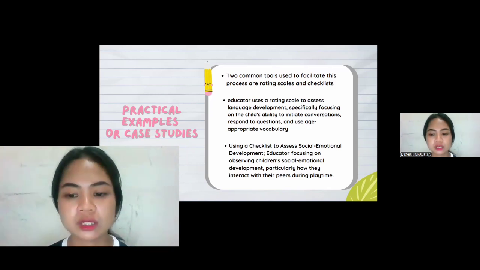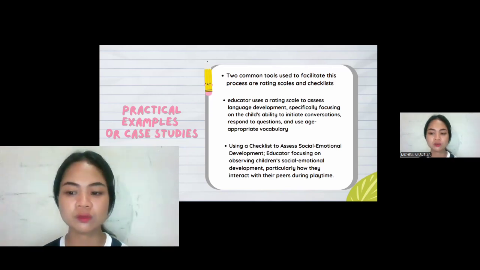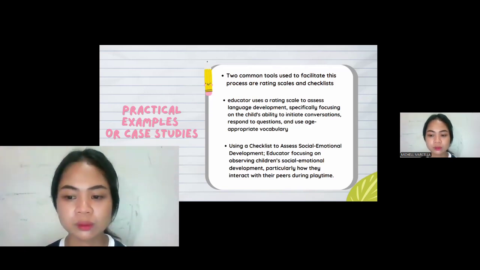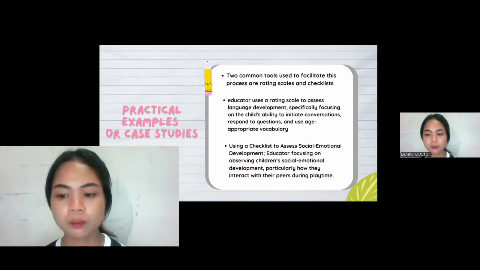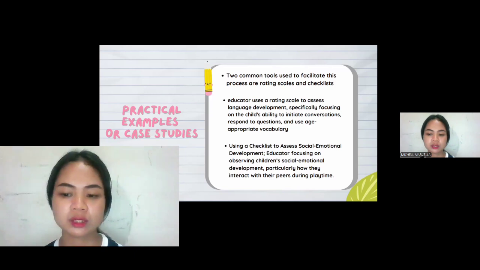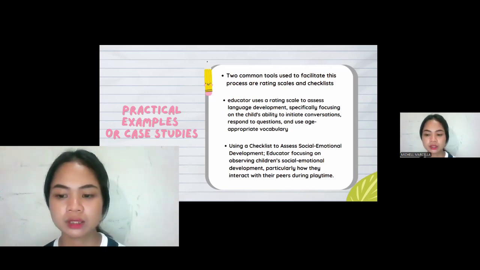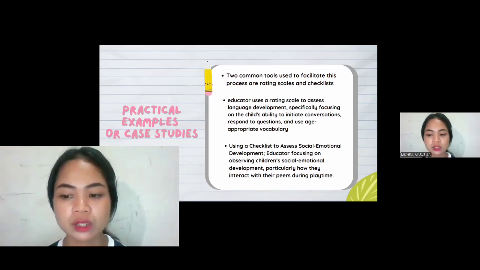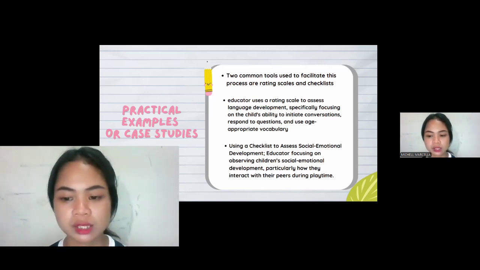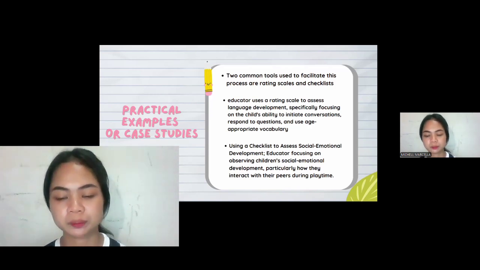And then using a checklist to assess emotional development, the educator focuses on observing children's social development, particularly how they interact with their peers during playtime. For example, the educator identifies the child generally shows positive social emotional behavior, such as initiating play and demonstrating empathy.